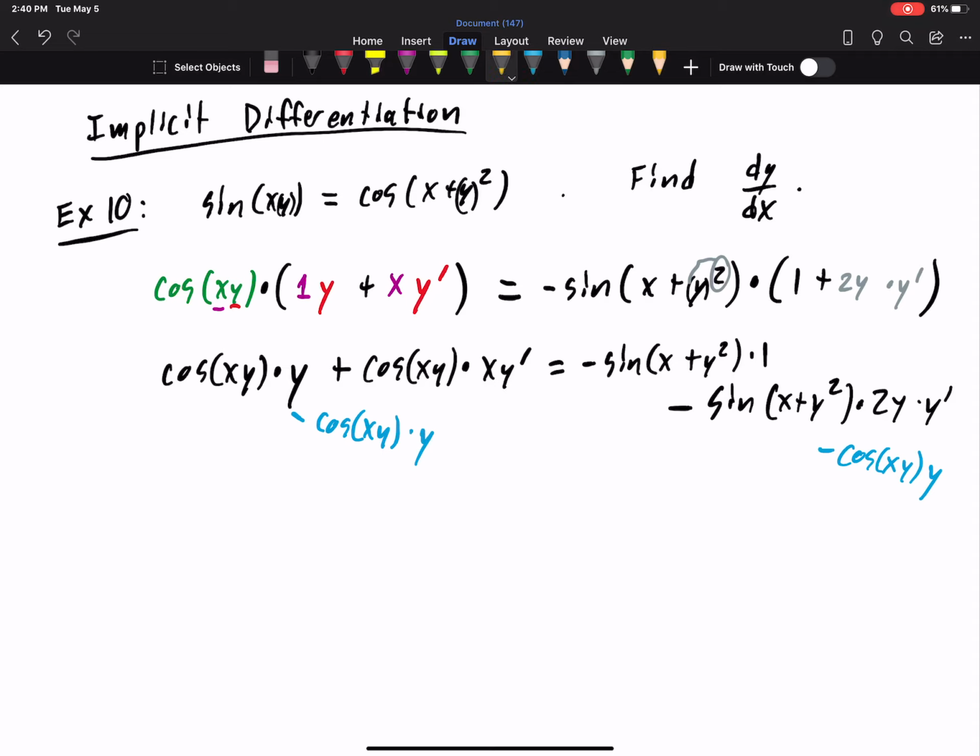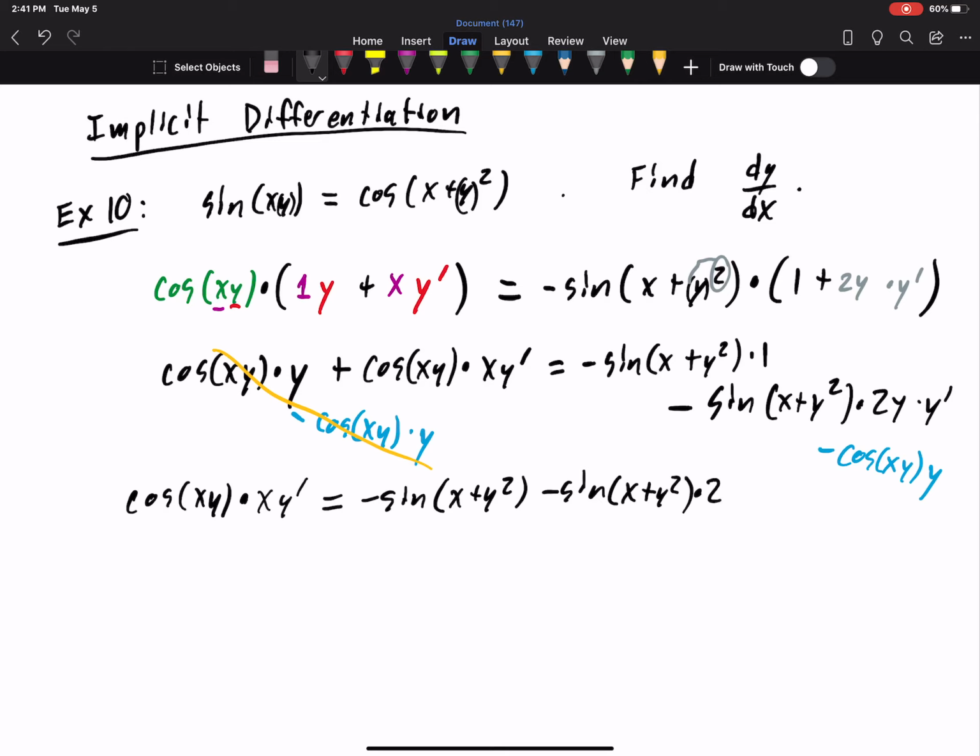So these guys kill each other, leaving us with cosine of xy times xy prime. And this is equal to minus sine of x plus y squared times 2y prime minus cosine of xy times y.